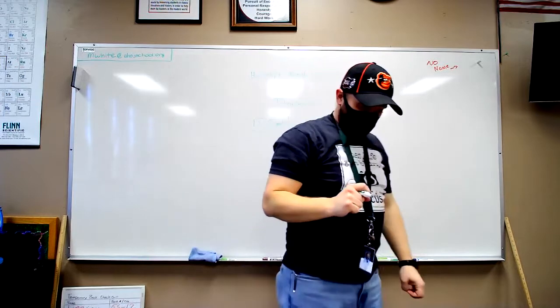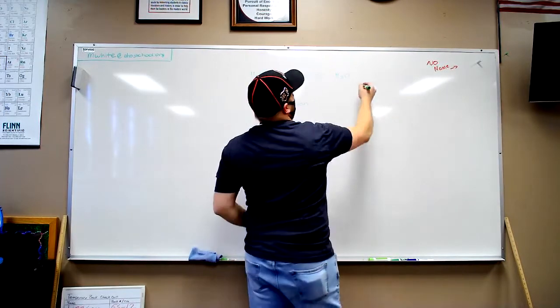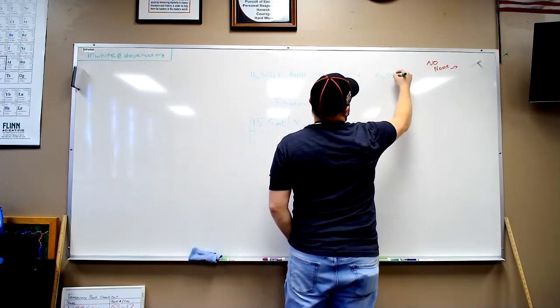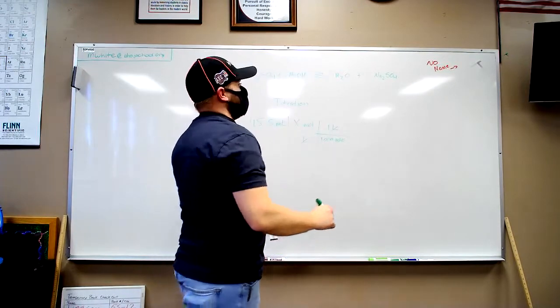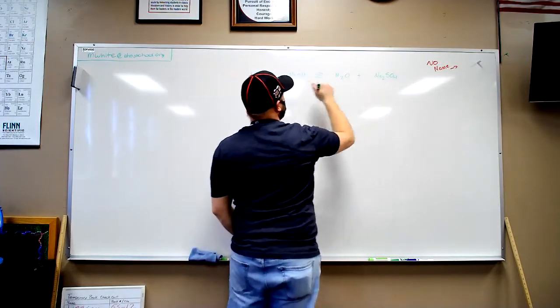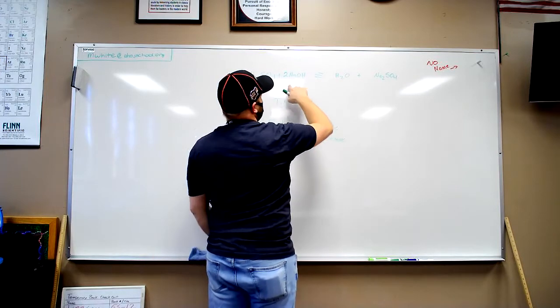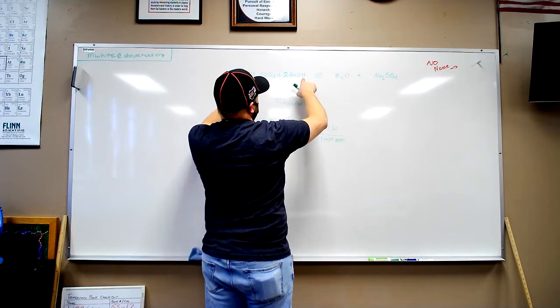Now, we do need to remember our ionic rules. So now we need to balance it. Pretty straightforward though. So 2 sodiums right there. And then that, we've got 4 hydrogens.